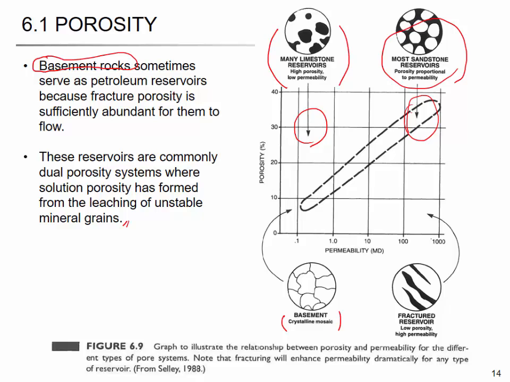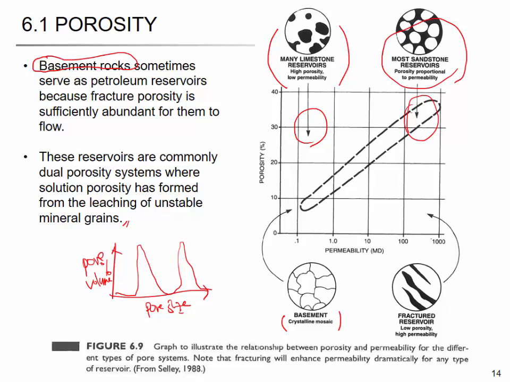So dual porosity system means that this is the pore size, and this is the occurrence for the pore volume. This is maybe an idealized, simplified figure explaining the dual porosity system.